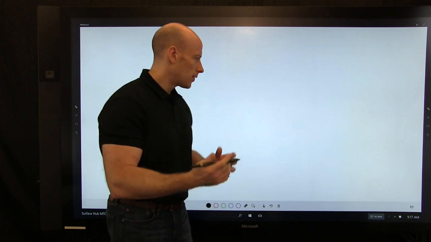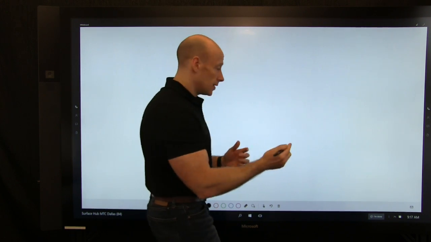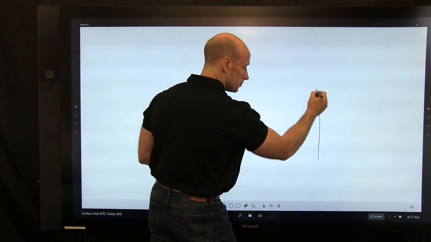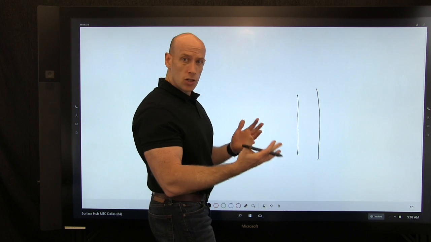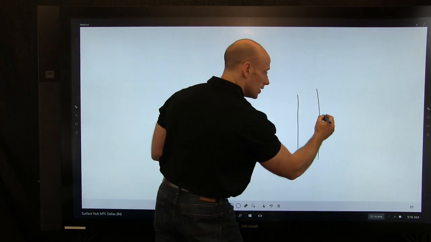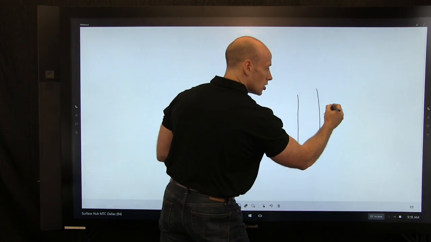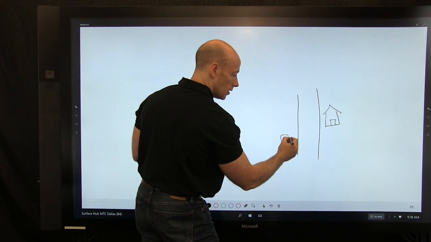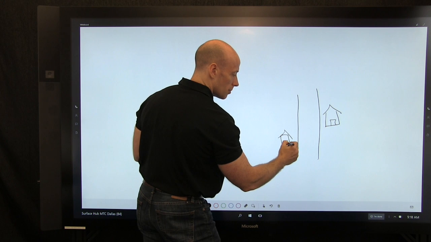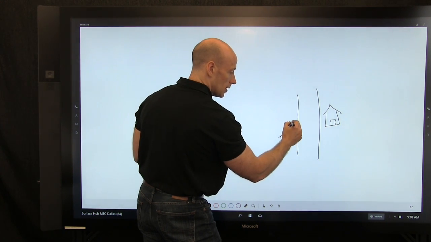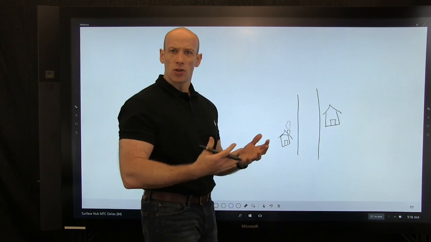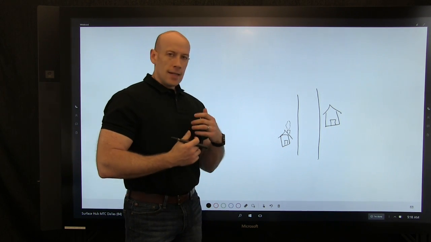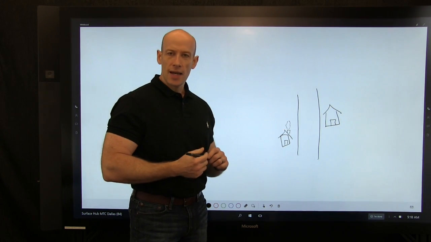Because let's think about it. I have a street, and on that street I have houses. Now, really a street is just a collection of houses that are in close proximity to each other. I'm grouping them a certain way. Now, I'm at one of these houses.